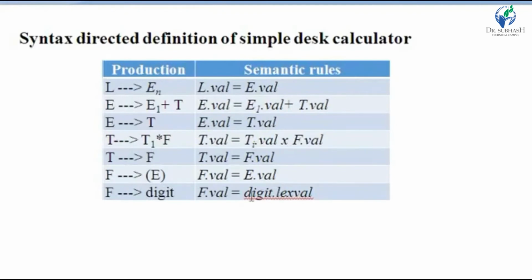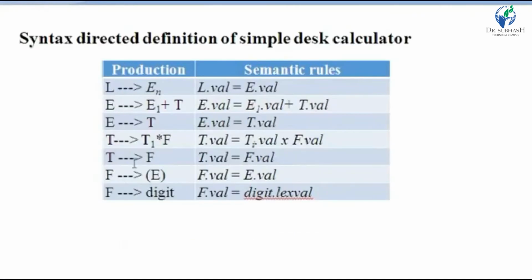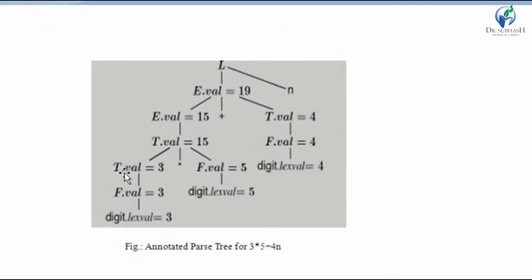So from digit.lexval you can find F.value, so F.value is equal to 3. From F you derive T: T gives F, so F.value is assigned to T.value. So T.value is equal to 3.